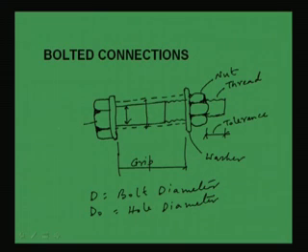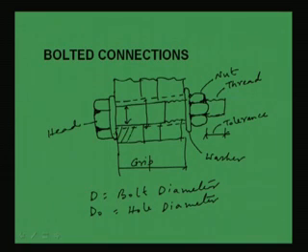This is called the head of the bolt, and this is the washer I already mentioned, and the plates are here, another plate here, another plate here. So, different plates are in general connected through this bolt.